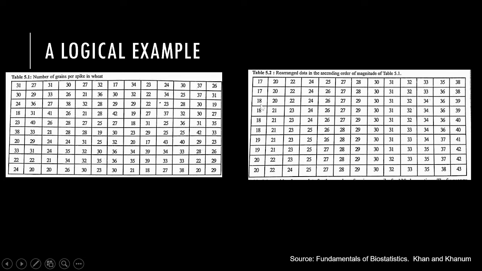Since there is a wide range between 17 and 43, it would be difficult to make an ungrouped type of frequency distribution, because it will require writing all the values in the column. This process will increase the number of rows.